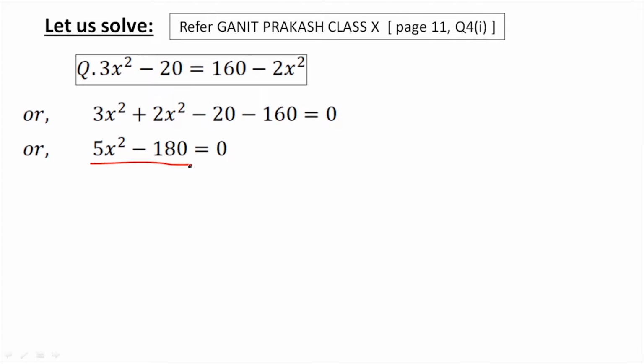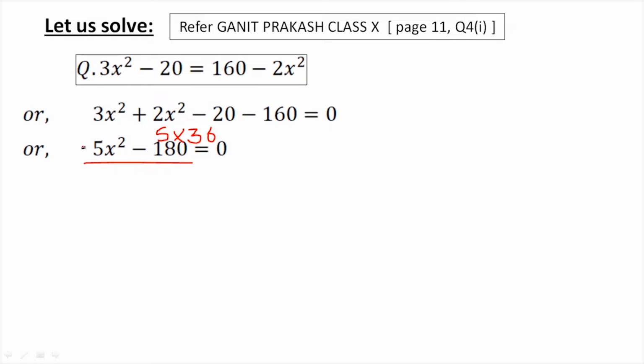Now after that, when you get this equation, what you do is you try to take out common. If there is any number common in between these two terms, or more than two terms, you first try to take out the common factor. So this is 5 into x square, and this is 5 into 36. You can check this multiplication: 5 into 36 is 180.